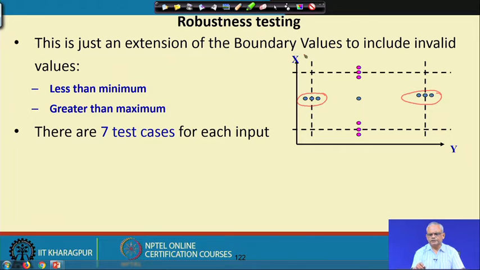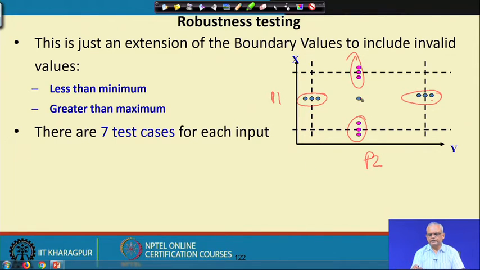For x, the parameter 1, we have 2 boundaries, and for both boundaries we need to select 3 elements each, and similarly for parameter 2, we need to select 3 elements each.